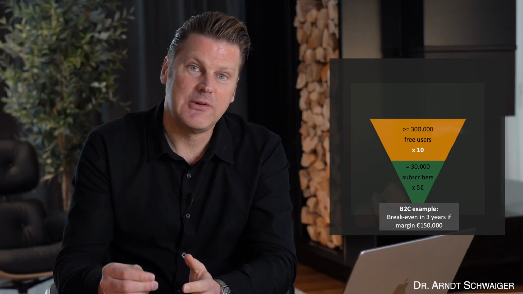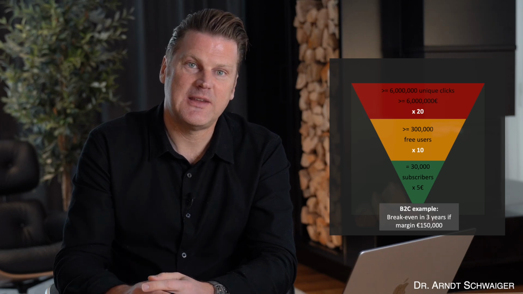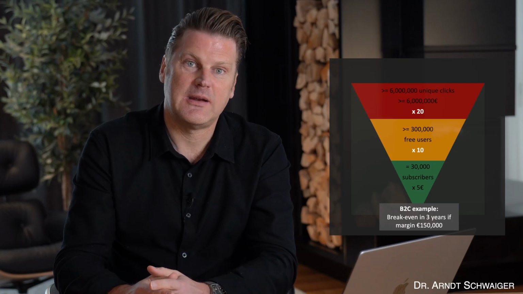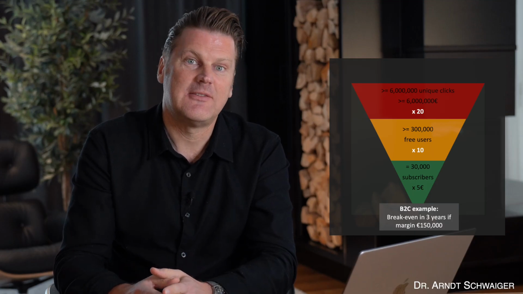So to get 300,000 free users, you need to have 20 times more visitors on the website, and so 20 times more clicks on the Facebook advertisement banner. 20 times 300,000 is 6 million. So you need to have 6 million unique visitors on your website as well as 6 million clicks on your advertisement banner.